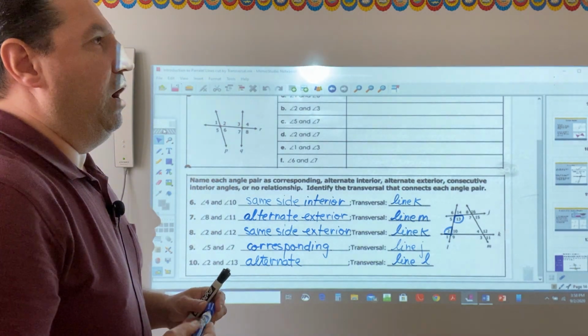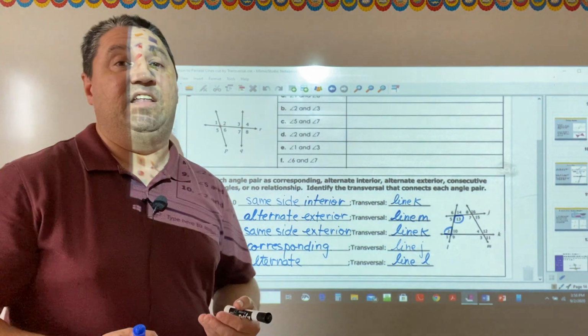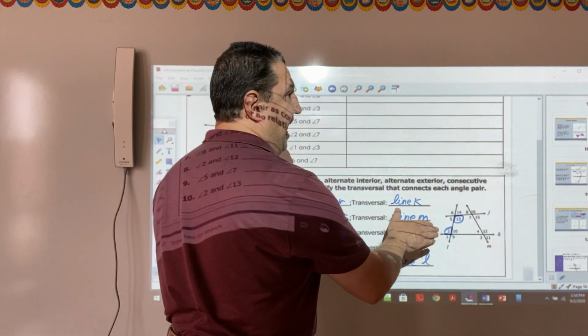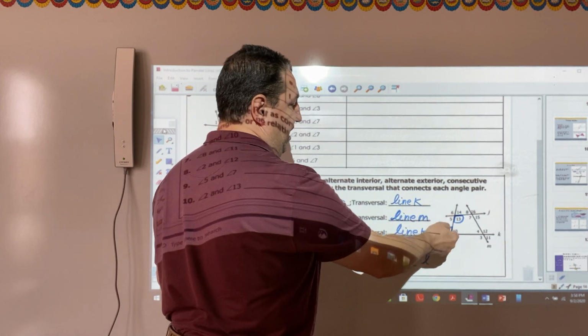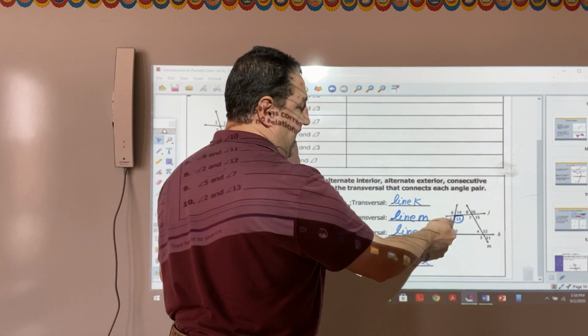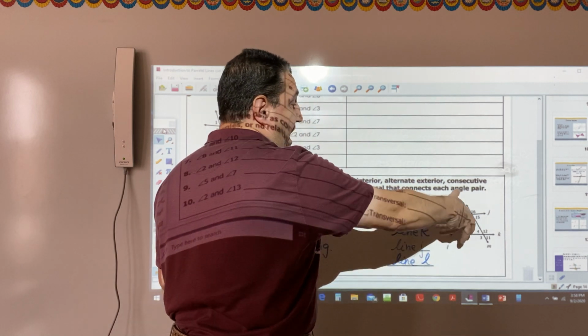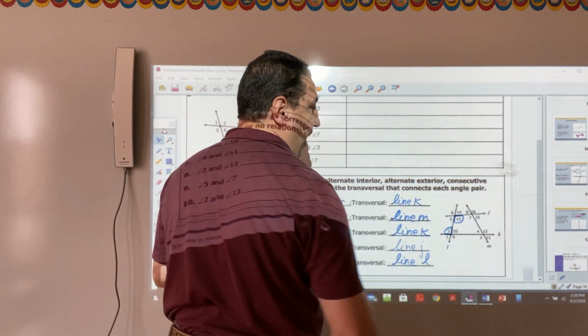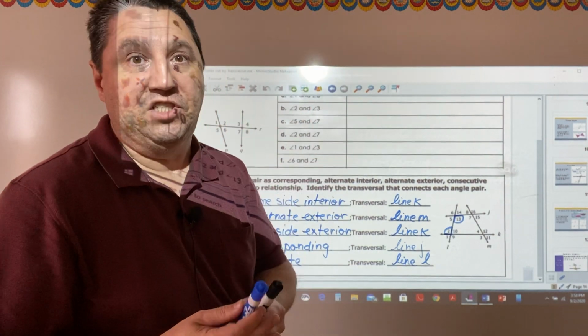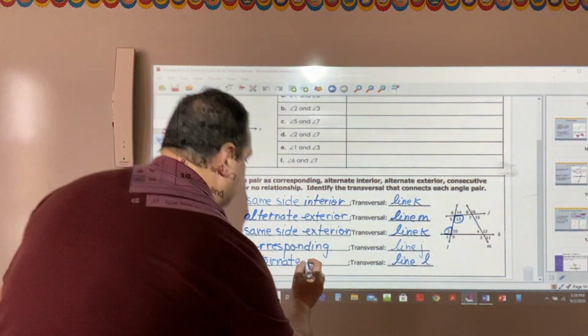But what kind of alternate, interior or exterior? To decide if they are interior or exterior, we look at the other two lines that are cut by L. Both angles are inside lines J and K, between them. So they are interior.